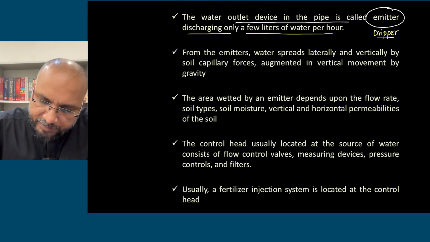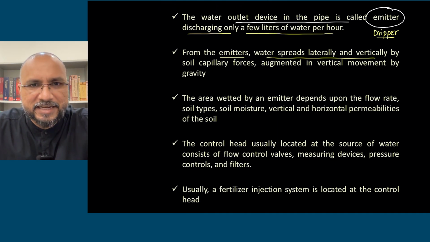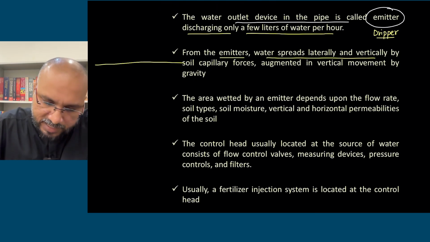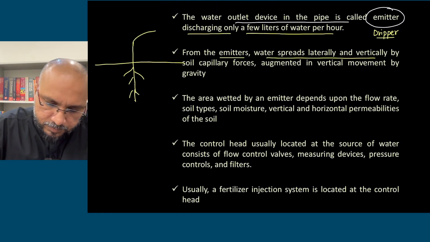So from emitters water spreads laterally and vertically through soil capillaries. Let us see that through a diagram. Look here. So this is your plant. Imagine this is your crop, right?